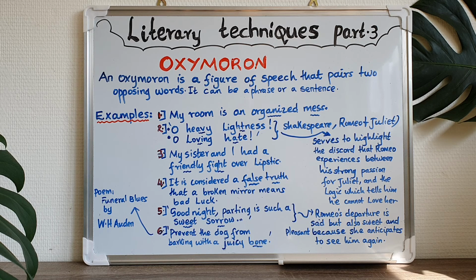Now, this brings me to the end of this lesson. I hope you now know what an oxymoron is. I hope that you can identify some examples of oxymoron, not just in your day-to-day life, but also in your text analysis. And I also hope that you should be able now to use an oxymoron in your commentary writing.